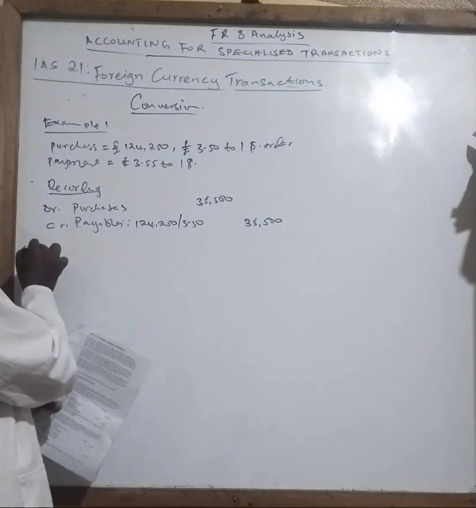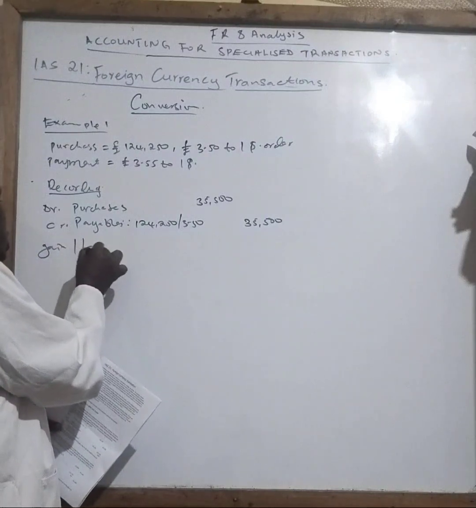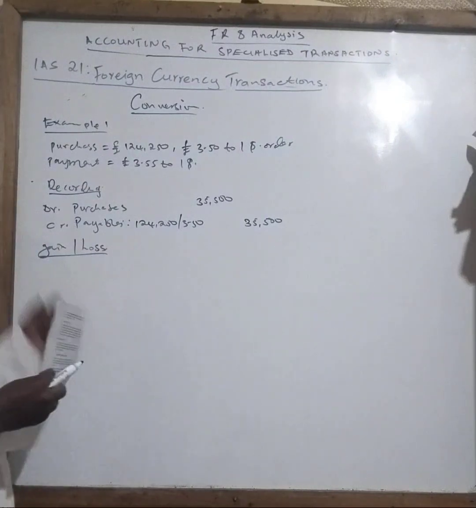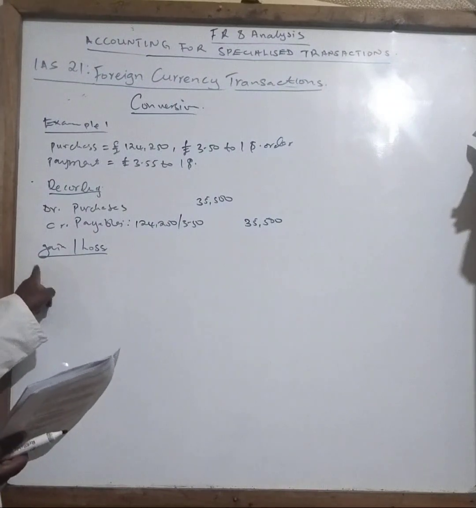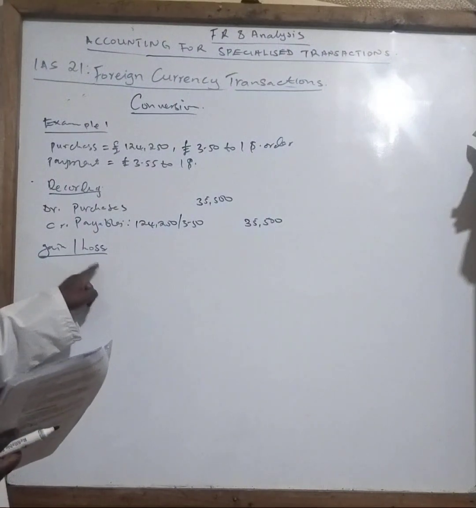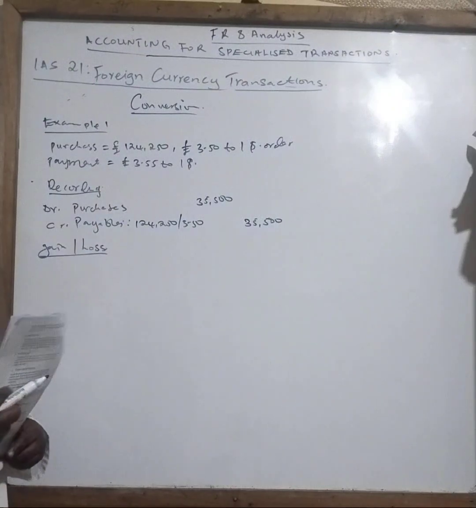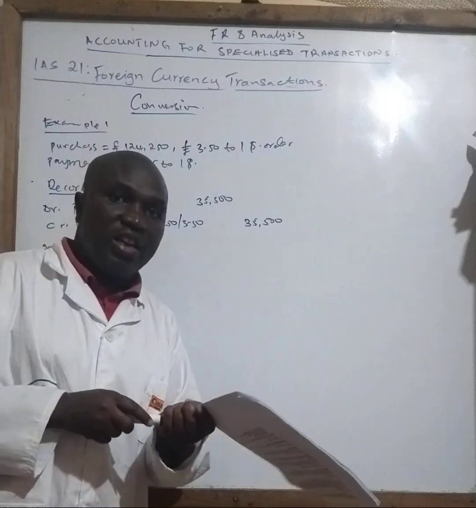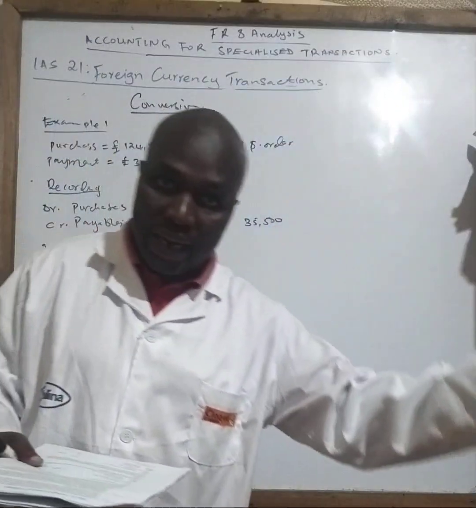Now, for determination of gain or loss, that is what the question is saying. For us to determine gain or loss, we have to compare the payments we are making. When we are making the payments, it means we are reducing our creditors and we are also reducing our bank.